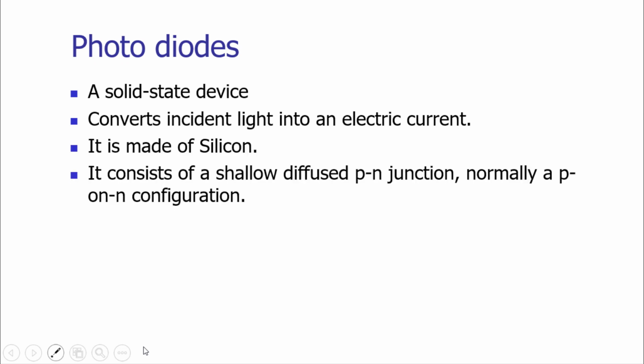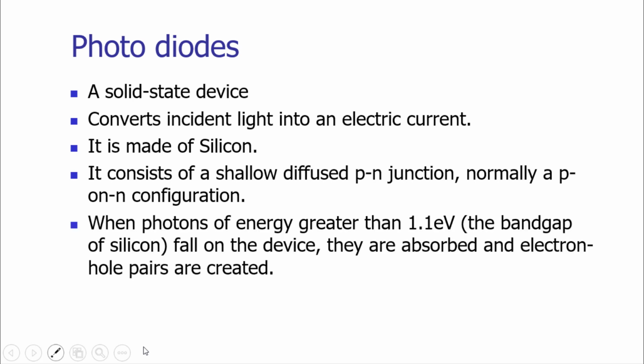Photodiodes are made up of silicon, and they consist of a shallow diffused PN junction, normally a P on N configuration. When photons of energy more than 1.1 electron volt fall on the device, they will be absorbed and electron hole pairs will be created.